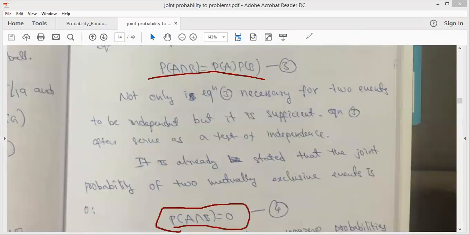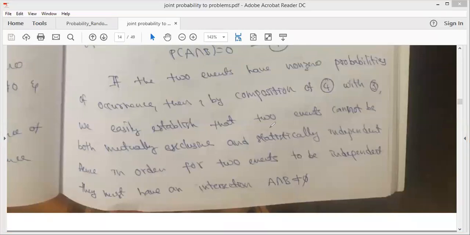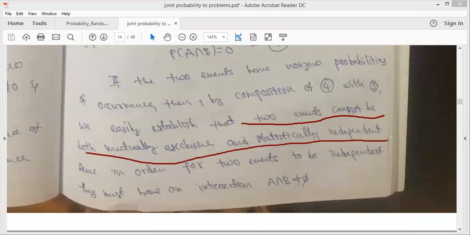So from these two conditions, we can say that if two events are mutually exclusive, then they cannot be independent. Either the two events are mutually exclusive or the two events are statistically independent. They cannot be both mutually exclusive and statistically independent.